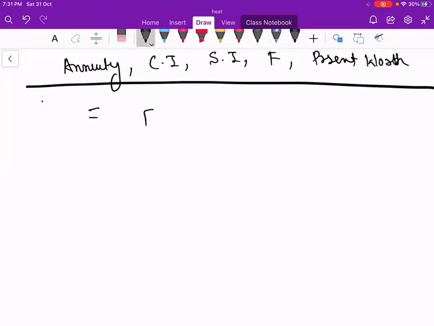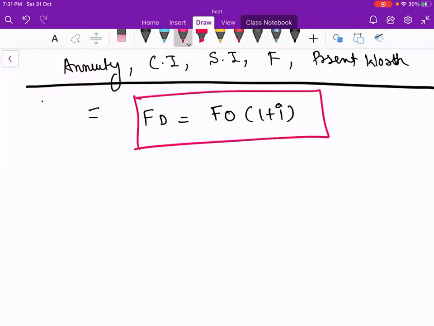So F of D equals F of ordinary into (1 plus I). This is the formula. One extra interest you will get. So you can write F of D, where D is due and ordinary is ordinary. Okay class, don't worry, I will take the class only up to 8:30.